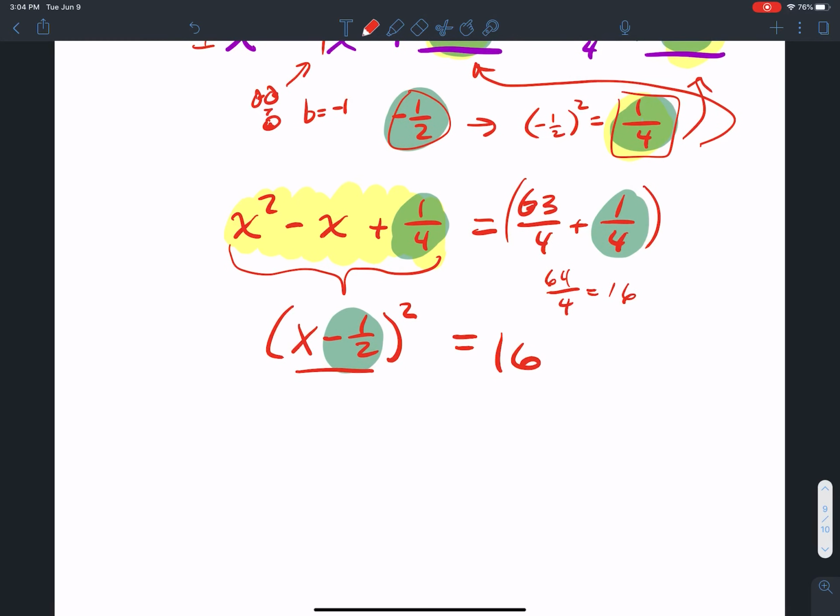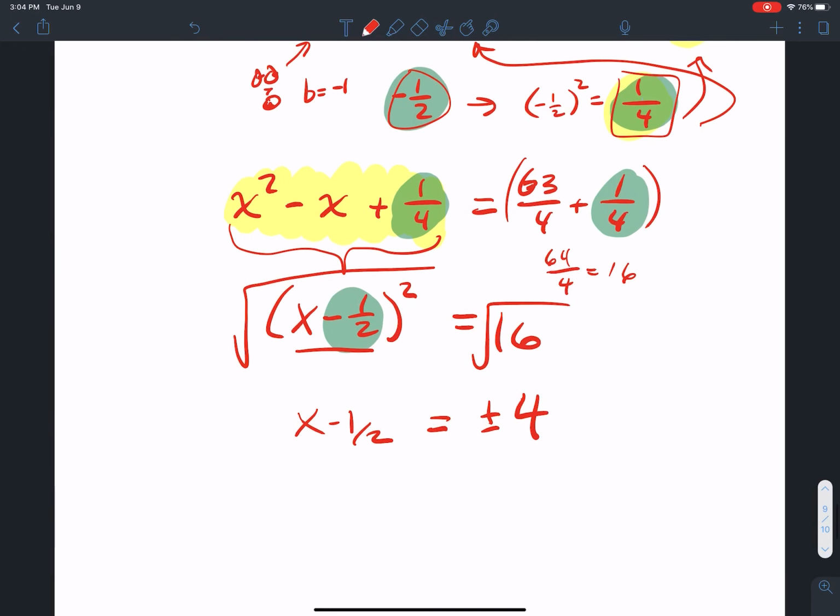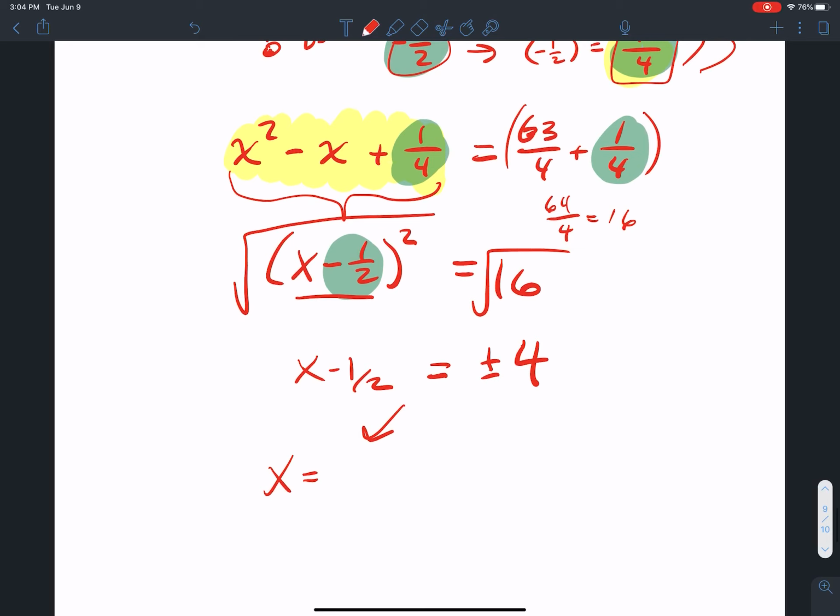Okay, now to get rid of the square, I take the square root, and so I have plus or minus square root of 16. Square root of 16 is 4. And so this is x minus a half equals plus or minus 4. So x minus 1/2 equals 4, or x minus 1/2 equals negative 4.